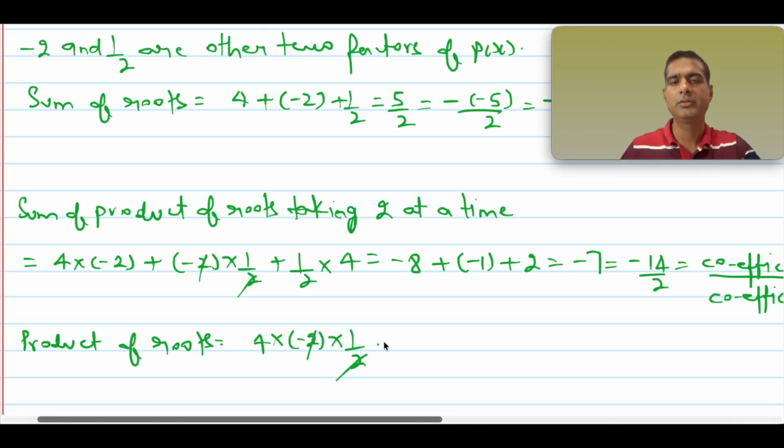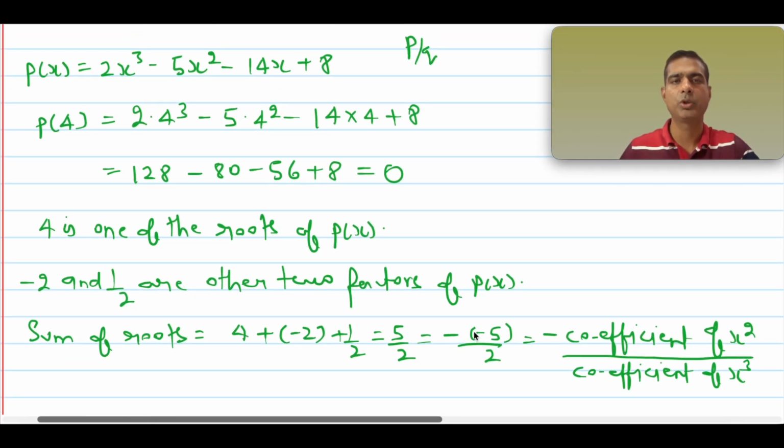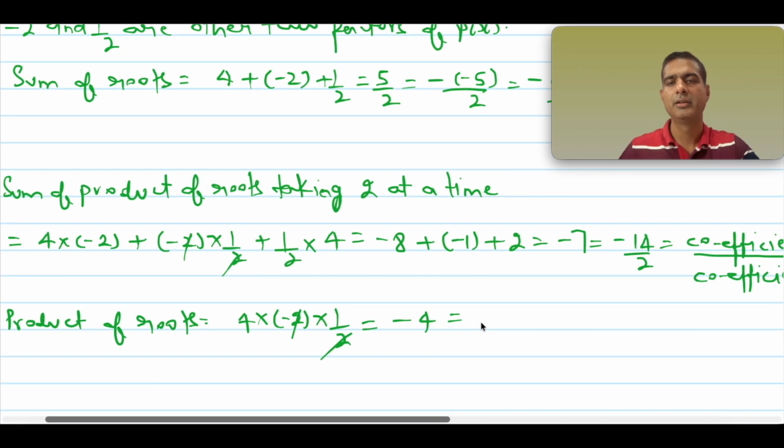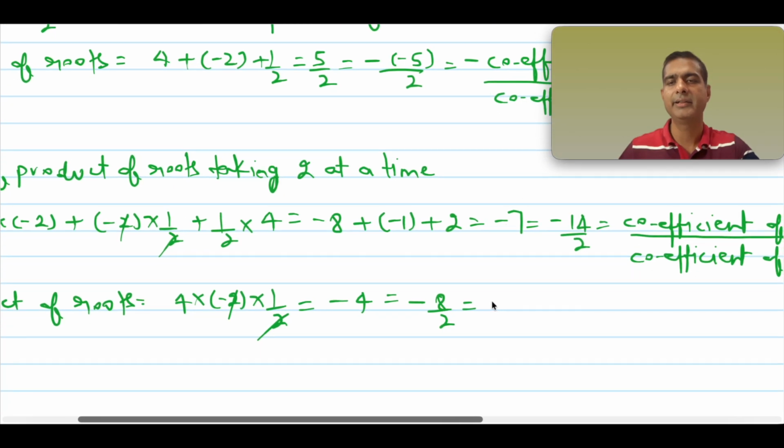So we can cancel 2. So it will be negative 4, and if I check the polynomial, 8 divided by 2 is 4 and it is negative, so I can write it negative times 8 by 2. So I can write it negative times 8, which was the constant term, divided by coefficient of x cube.